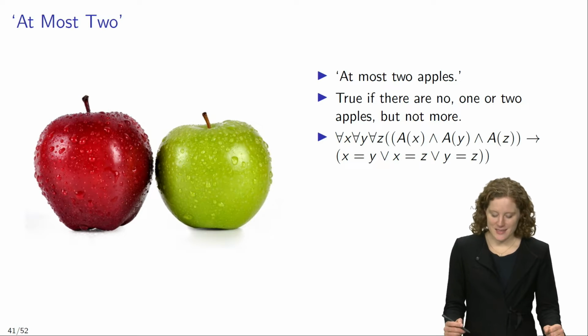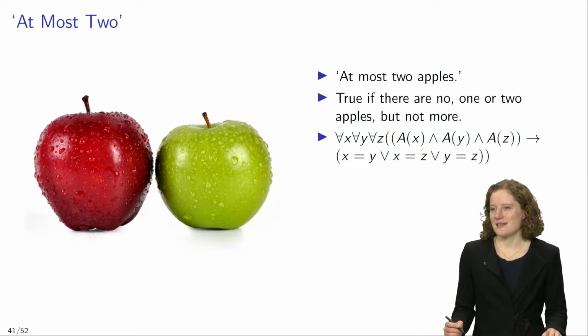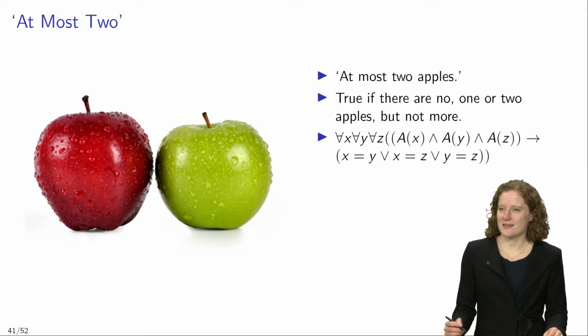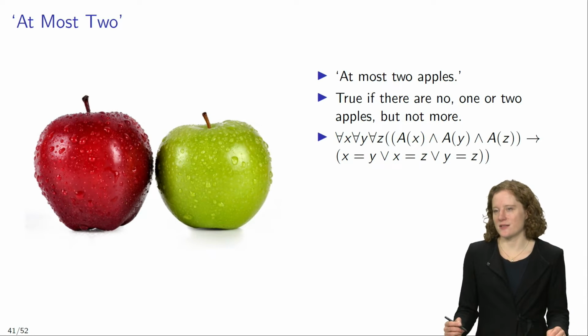To symbolize this sentence, you need to use three universal quantifiers and say that for all x and for all y and for all z, if Ax and Ay and Az, then either x is identical to y, or x is identical to z, or y is identical to z. So meaning you're effectively saying that if there are three apples, then two of them must be identical, meaning that they are not distinct, so that reduces the overall number of apples that are there to just two.